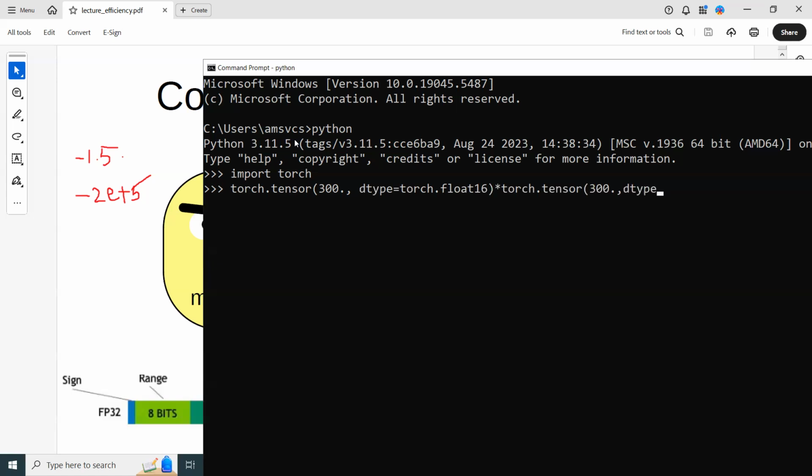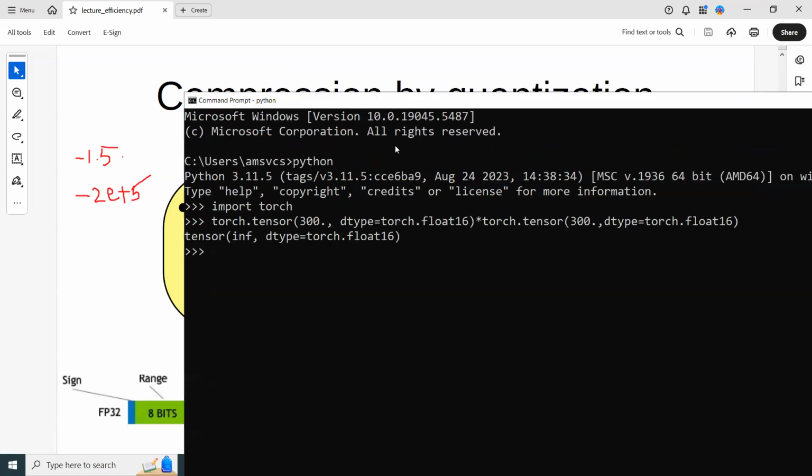And we will get overflow. Why do we have overflow?